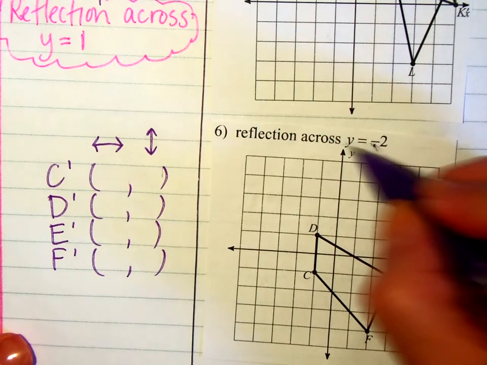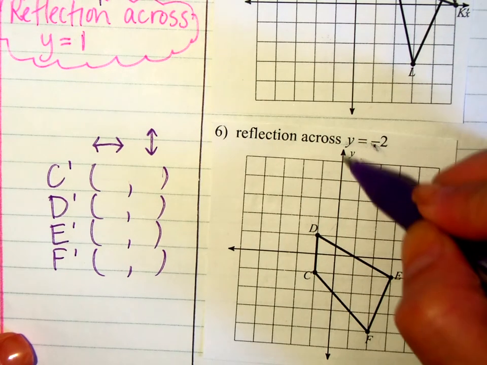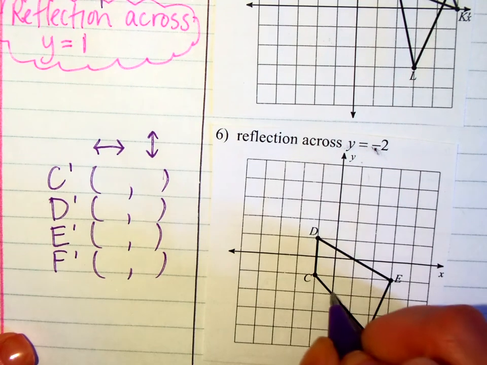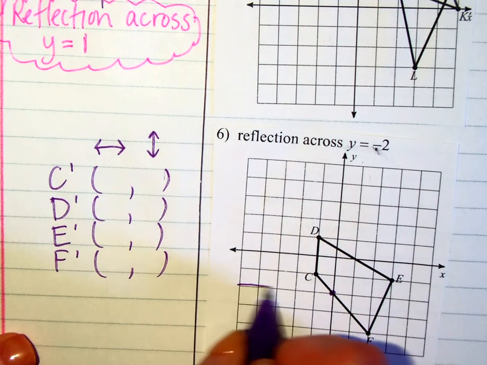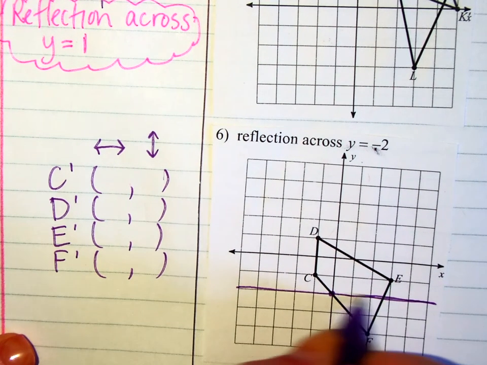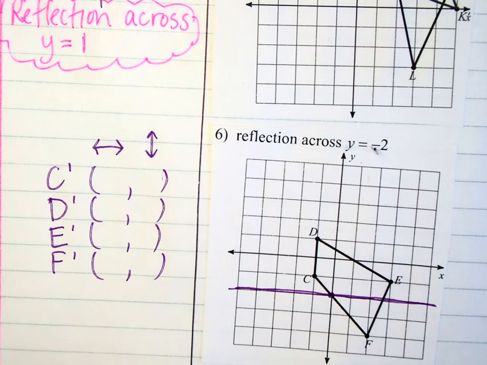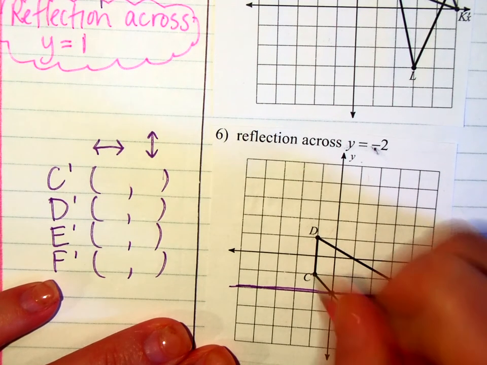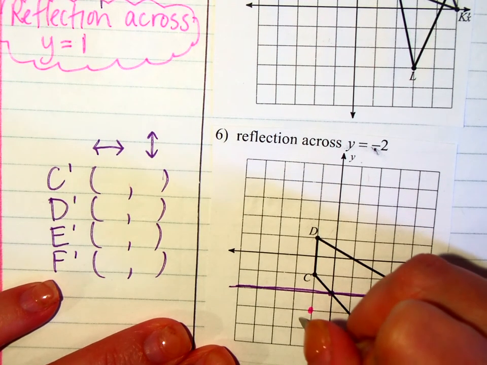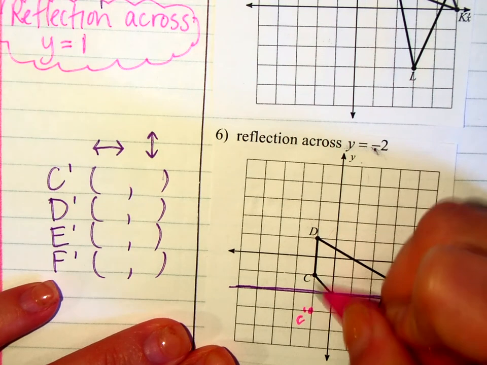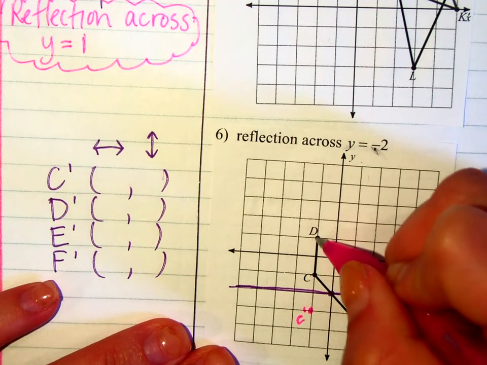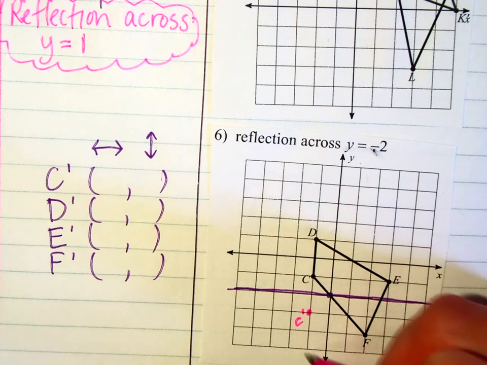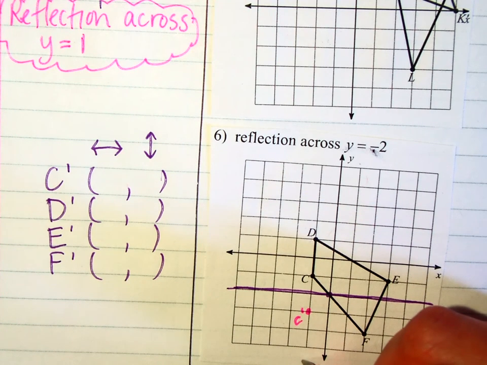Okay, so y is equal to -2. I'm looking for the y-axis, and I'm looking to where it is -2, and it turns out it's here. So this here is my line of reflection. Now I'm going to reflect all of the points, so I'm going to do this fairly quickly. This is C, this will be C prime. D is 1, 2, 3 spaces away, so I go 1, 2, 3 spaces away would be here.